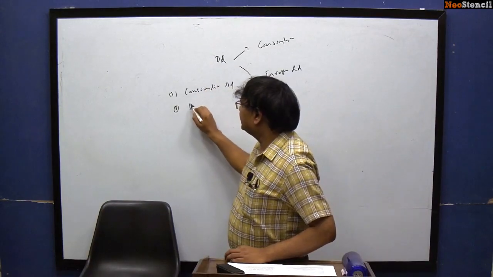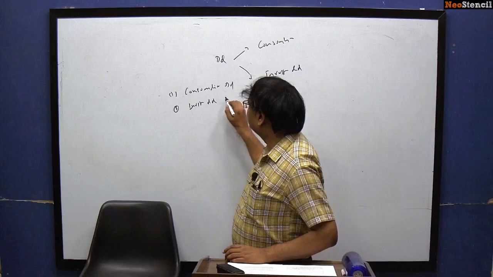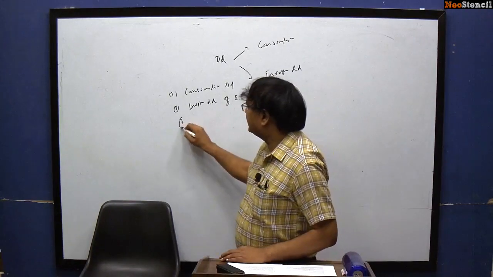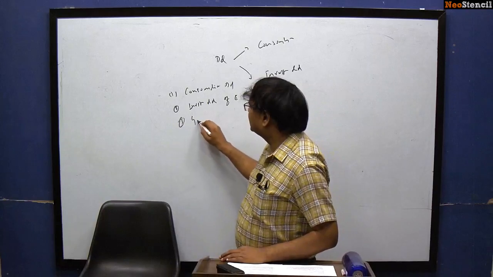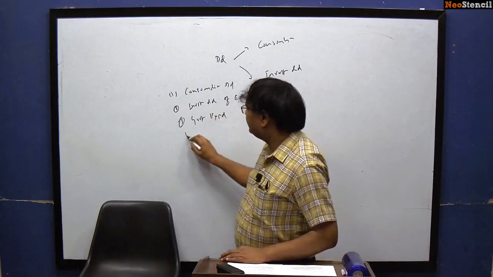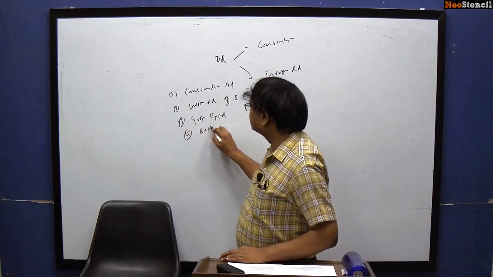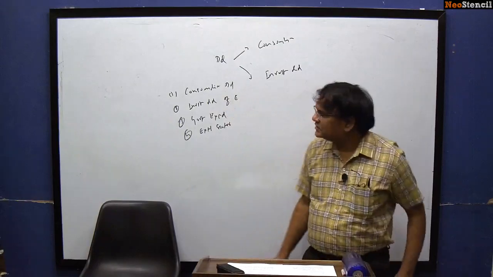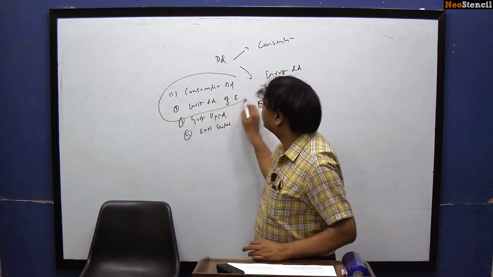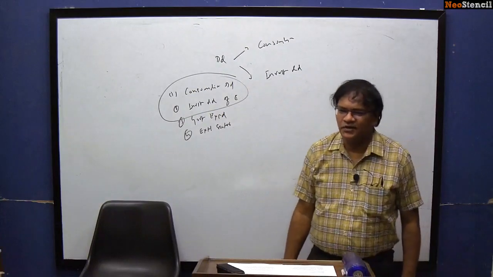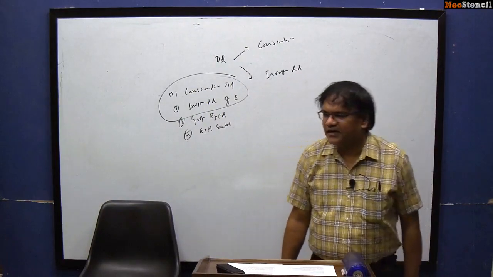Second is investment demand of entrepreneurs, industrialists. Third is government demand, government expenditure. And fourth is the external sector. The question is about these two things, consumption demand and investment demand.